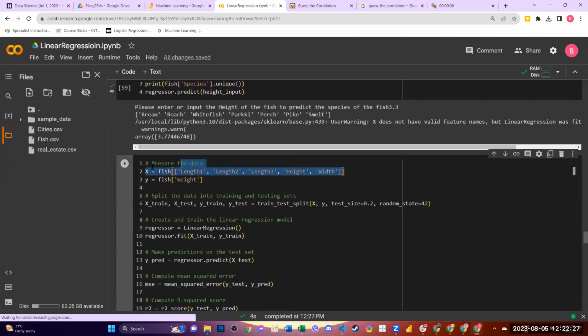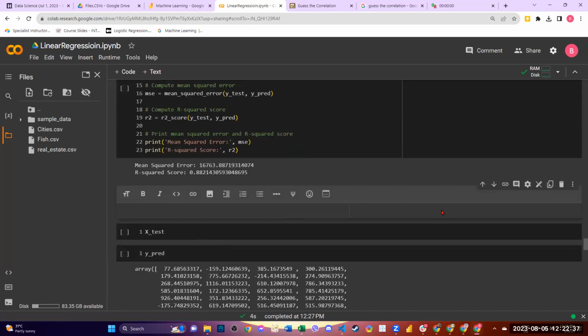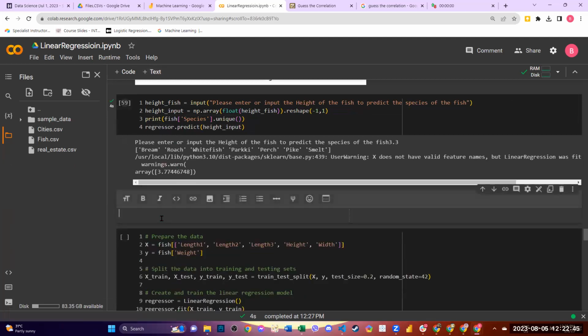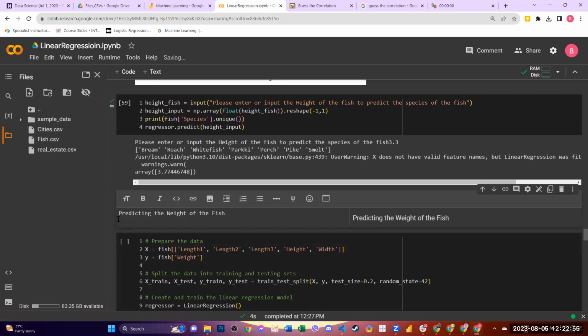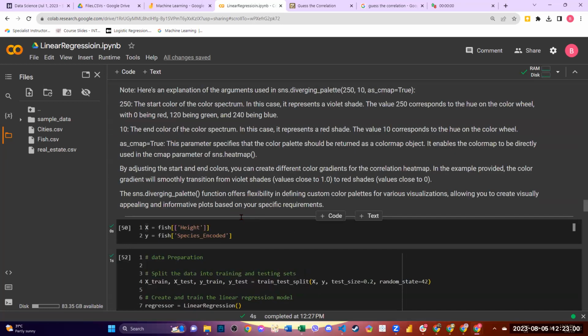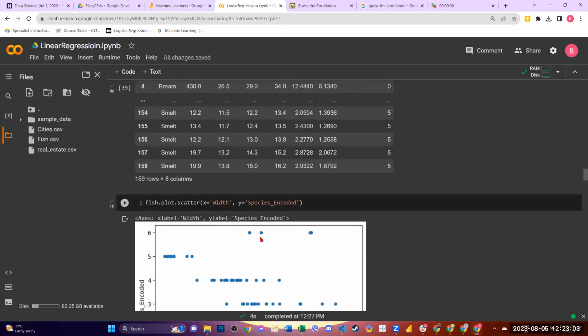This is using all of the features versus the weight. So this is more like predicting the weight of the fish.